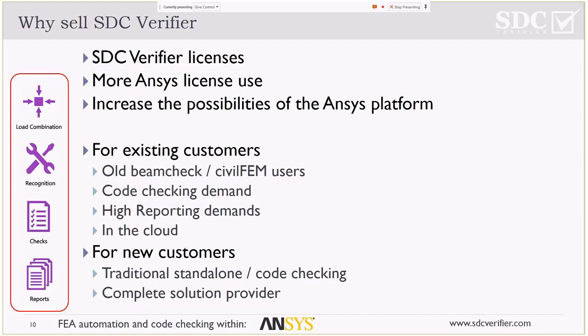Those programs are not supported anymore, but you still have customers using them, and we want to offer them a discount equal to their original expense of Beamst if they buy a floating license from SDC Verifier. So I think that is a nice quick start to get your old customers to the new SDC Verifier platform.